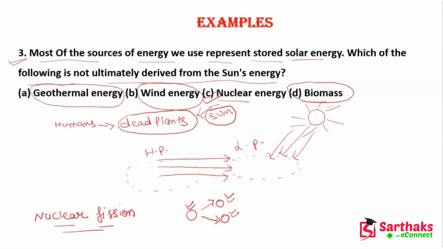Okay, so due to this difference in mass, let's suppose there is some mass M of this nucleus, but after this nuclear fission the mass of this nucleus is, let's suppose, m1, and the mass of this nucleus is m2.